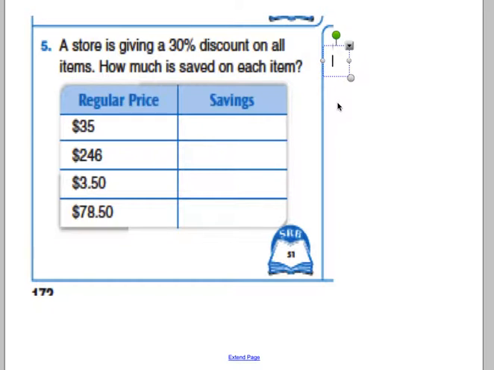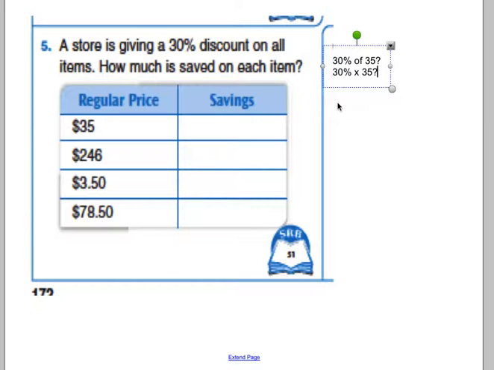Okay, so what I'm trying to find out is, what is 30% of, in this first example, 35? Well, remember when we talked about multiplying fractions and we said that the word of means multiply. So you're doing the same thing here. This is the same thing as 30% times 35.